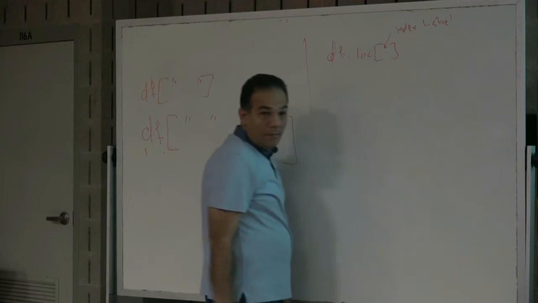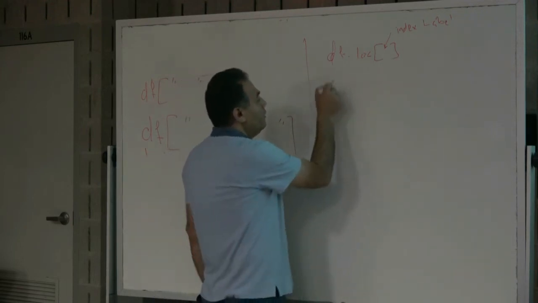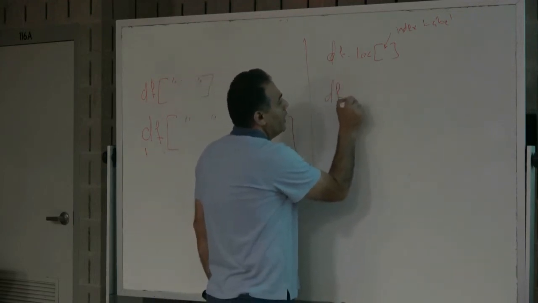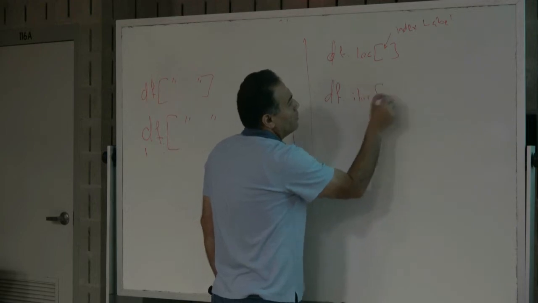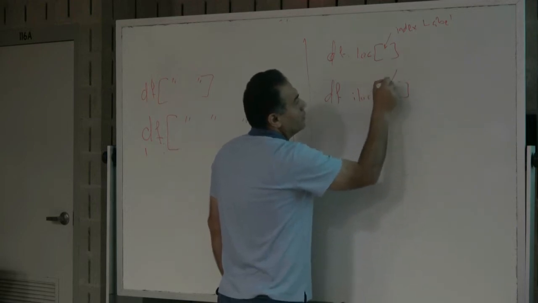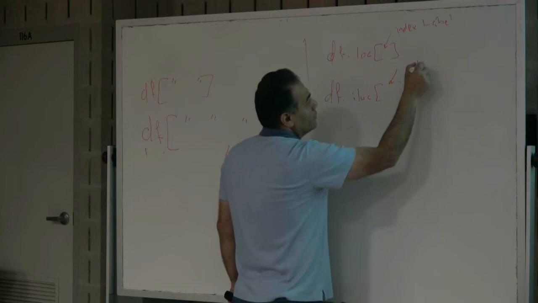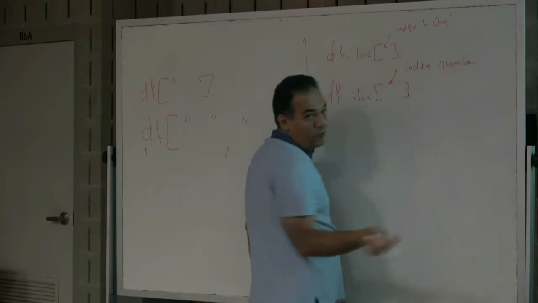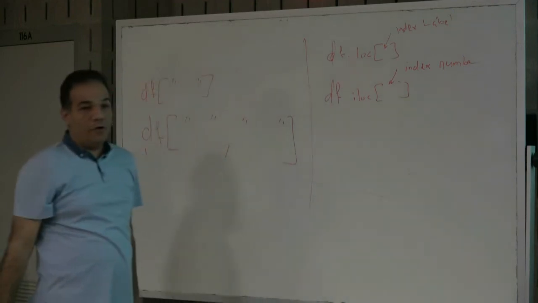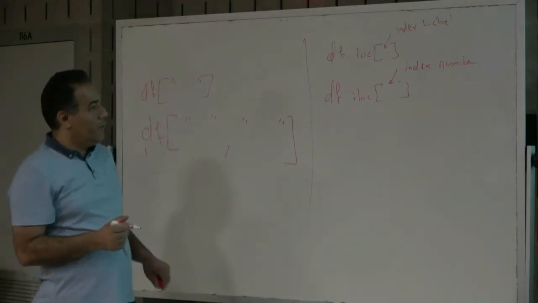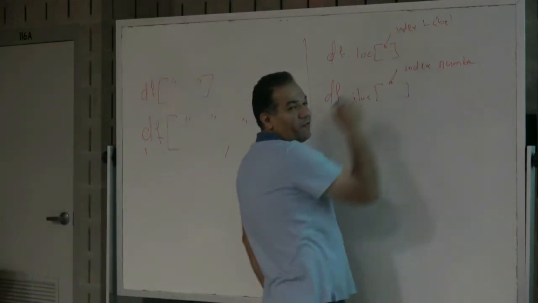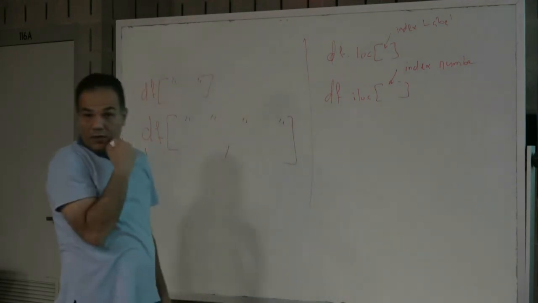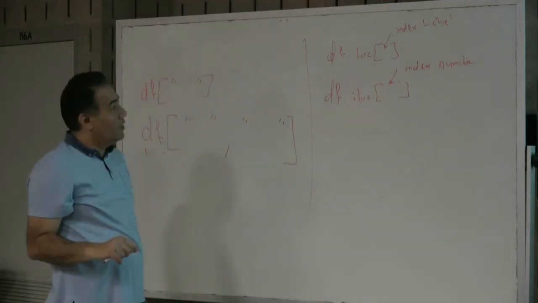Label. df dot iloc, what will I have in here? The row number, the index number, which is the row number. In some scenarios, we could have them equal, that's fine, not necessarily, right? So this will give me the row.